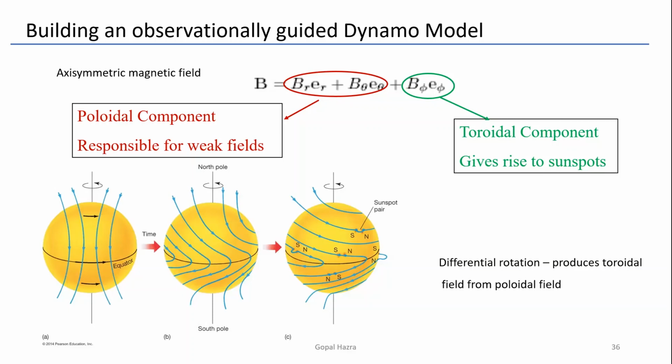This shear is creating the toroidal field. It's a continuous supply from the poloidal field, creating the toroidal field. Then when this toroidal field rises up, the symmetry breaks. That's why the polarity changes in the next cycle in the southern hemisphere: suppose here S and N, in the next cycle it will be N and S. So the symmetry breaks. This is called the omega effect. If the sun didn't rotate differentially, we would not have seen that.